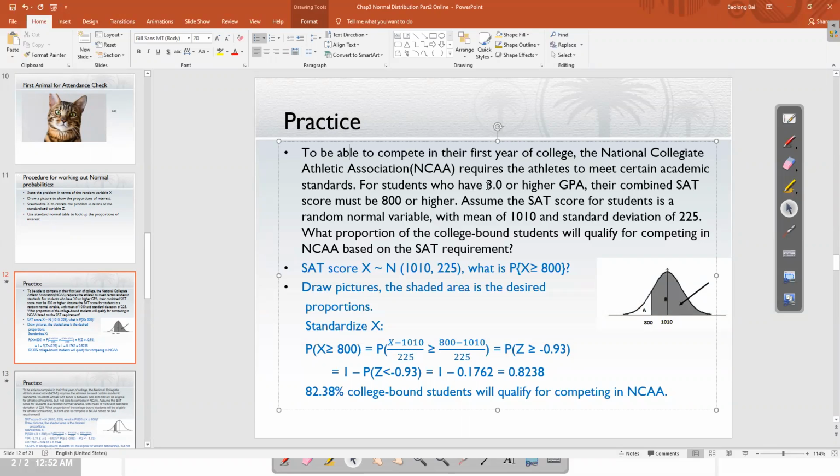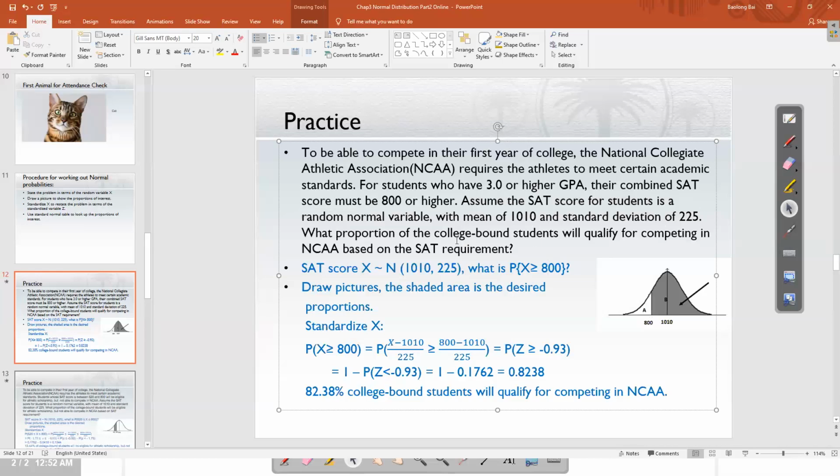For students who have a 3.0 or higher GPA, their combined SAT score also needs to be 800 or higher. Assume the SAT score for students is a random normal variable with mean of 1010 and standard deviation of 225. So basically from this sentence, we know if we use variable x to represent SAT score, x will have normal distribution with parameters mu equal to 1010 and sigma equal to 225, right?